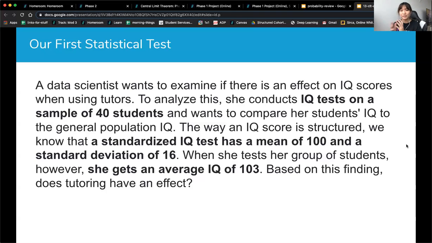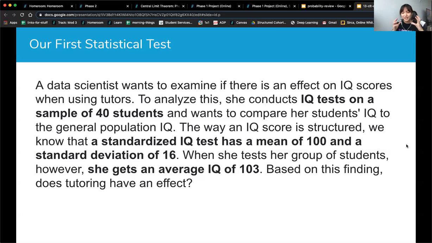That's what we're testing. If we're not familiar with statistics, we immediately see, all right, 103 versus 100, definitely smarter, right? However, we're taking into account the distribution of the population, so here especially we have the standard deviation of 16. On average, people are about 16 points away from the mean.